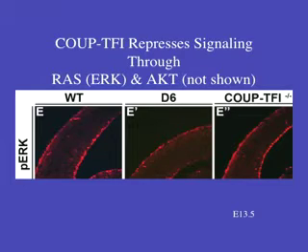In the overexpression of COUP, you can see that the number of cells that are positive for the phosphorylated ERK is greatly reduced. And in the loss of function of COUP-TF1, there's a subtle increase in the number of phosphorylated ERK positive cells. Andrea found a similar phenotype by looking at phosphorylated AKT substrate as well, but I won't show you that.